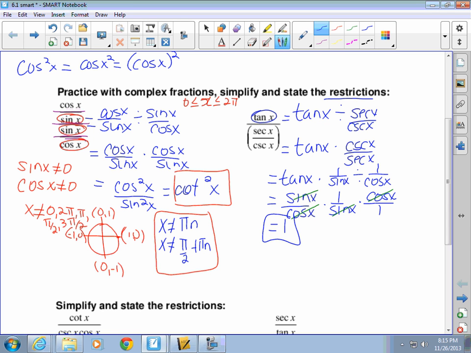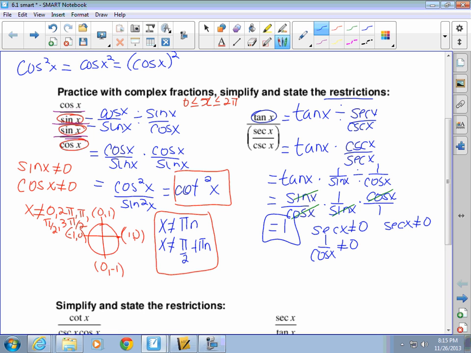So now if I want to do my restrictions, I know secant x cannot equal 0, and cosecant x cannot equal 0. So secant x is the same as 1 over cos x not equaling 0.